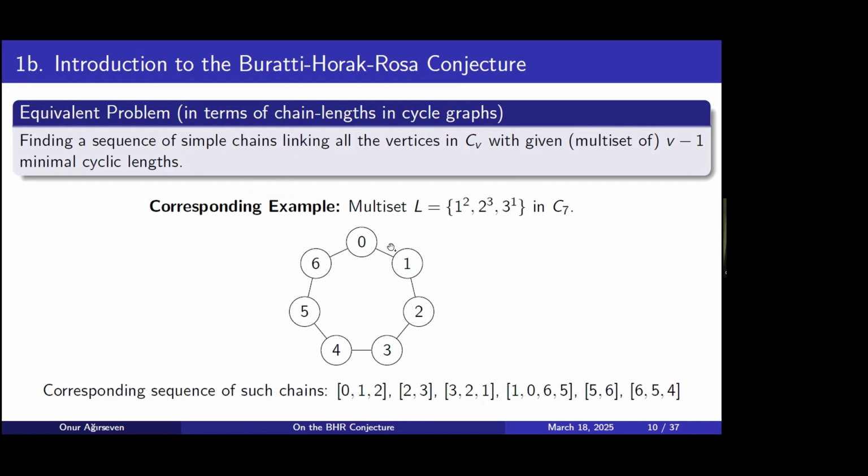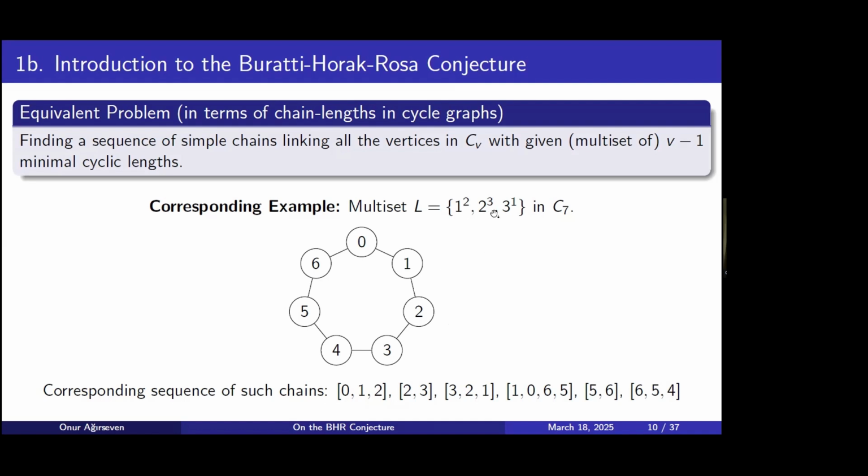If you think of the problem through chains linking all the vertices, this could be easily described to a non-mathematician as like thinking like a circular ring of maybe like a train line. And then you have your train itinerary, and you want to be able to visit each stop, each train stop, only once.